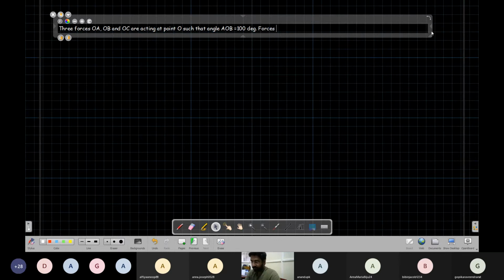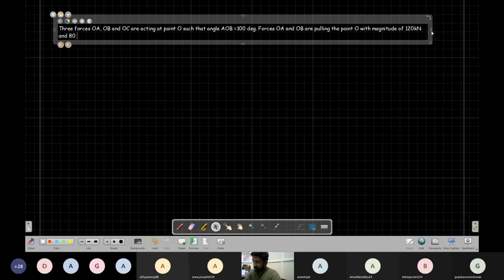Forces OA and OB are pulling the point O with magnitudes of 120 kilonewton and 80 kilonewton respectively.